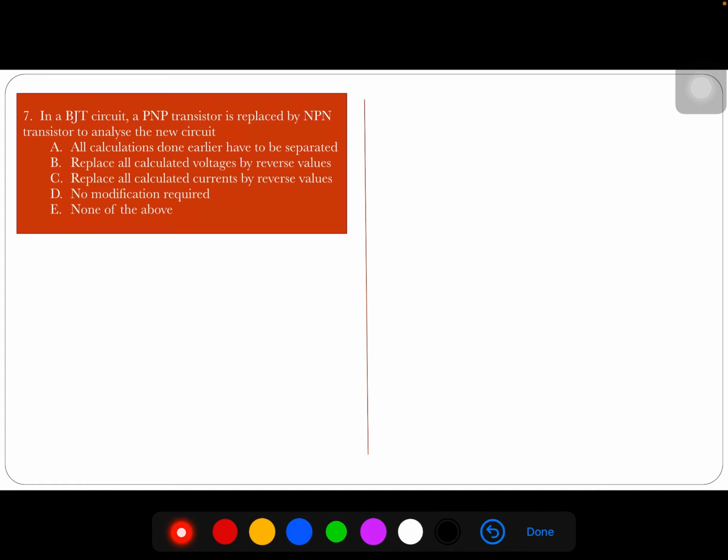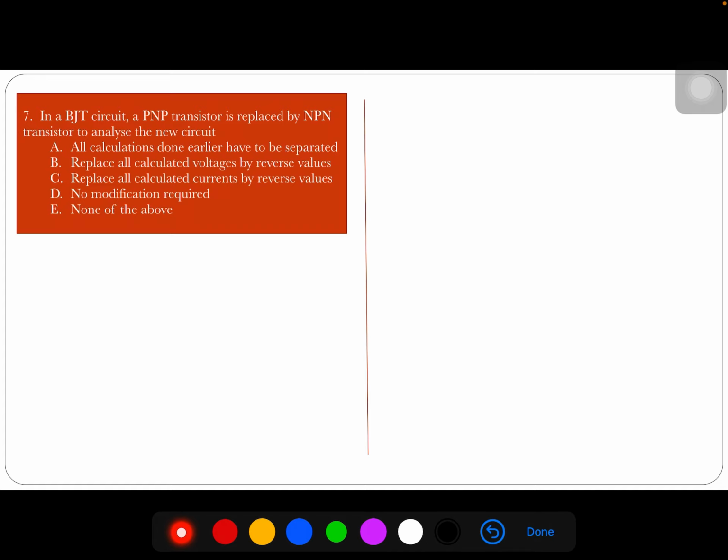Next question. In a BJT circuit, a PNP transistor is replaced by NPN. When a PNP transistor is replaced by NPN, you should always remember this concept: when N is replaced by P semiconductor and P semiconductor is replaced by N, the direction of all the currents will be reversed because the carriers will start flowing in the opposite direction.